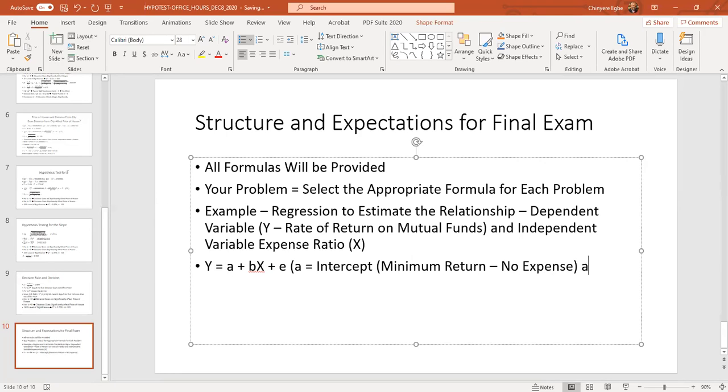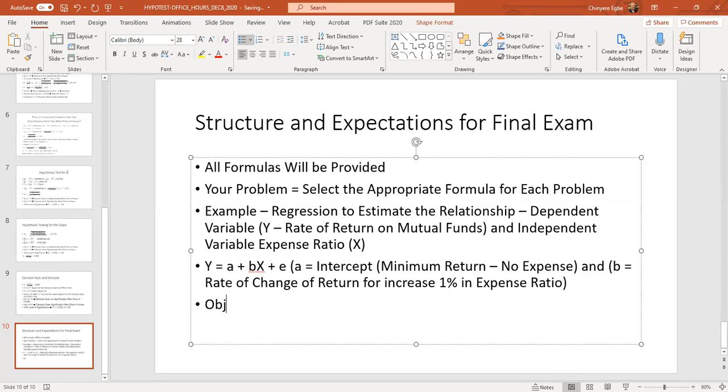And then B is the rate of change of return for an increase of 1% in expense ratio. All right, so this is going to be our model.